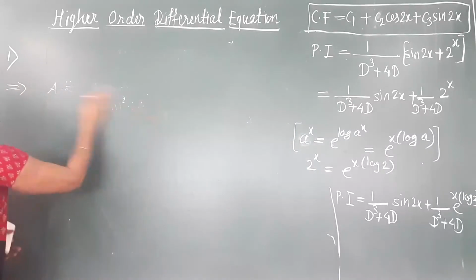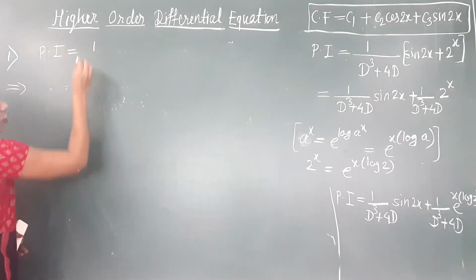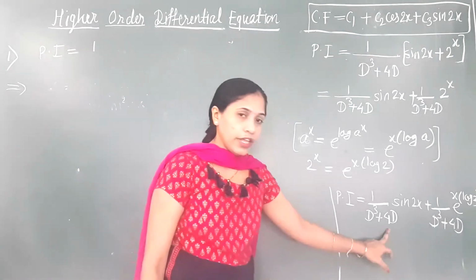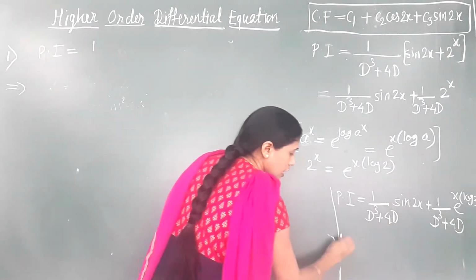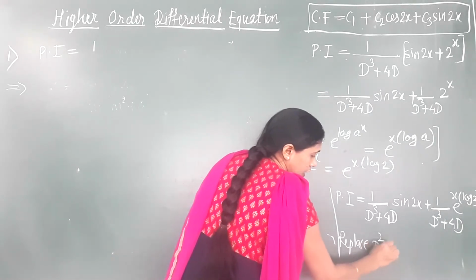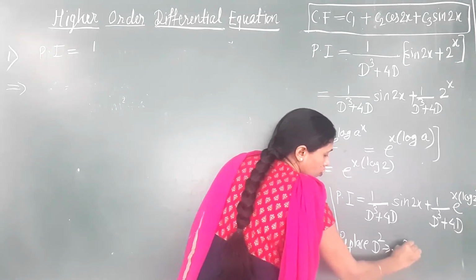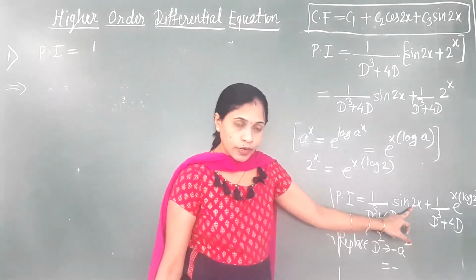So PI is 1 upon D cube plus 4D, but we have to use the trigonometric case here. What is the trigonometric case? Replace D square by minus a square, where a is the coefficient of x in the trigonometric term.